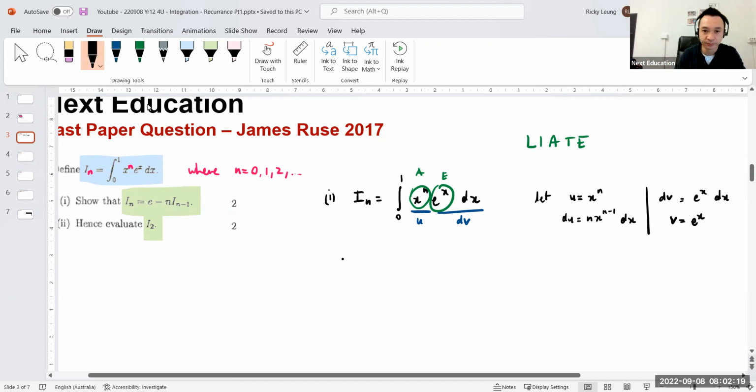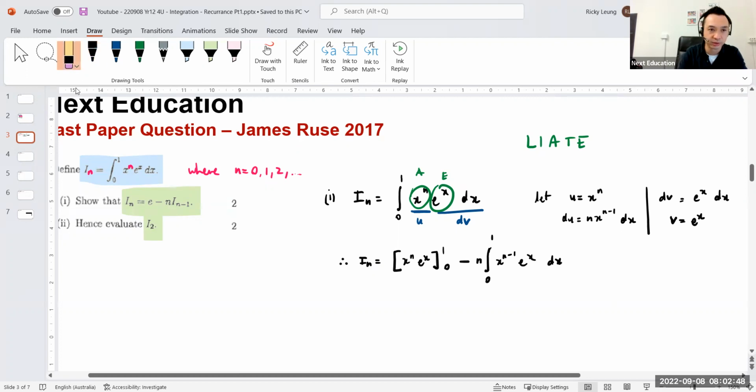So therefore, In equals uv, so x^n e^x with the limits of 1 and 0, minus the integral of v du. Because I'm multiplying, there's a constant there, so I'll bring the constant n out, limits of 0, 1, and it'll be x^(n-1) e^x dx.